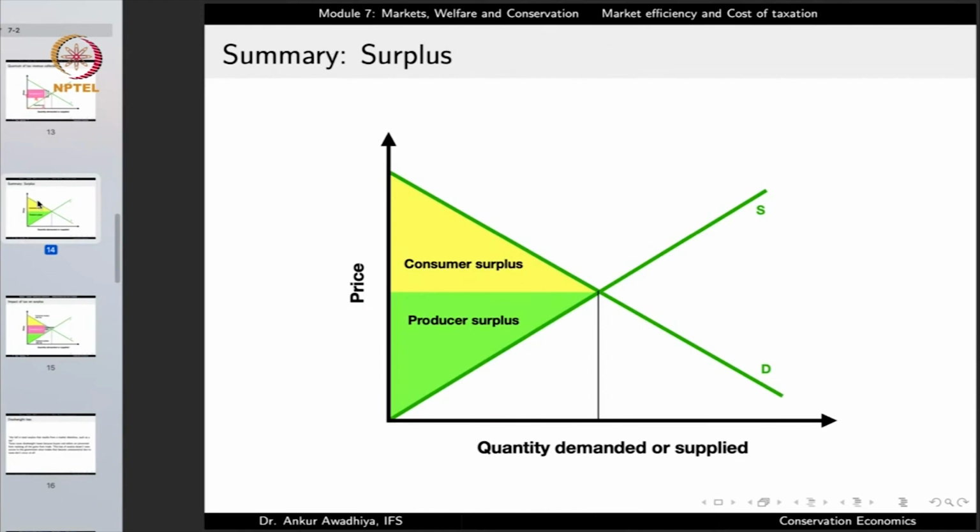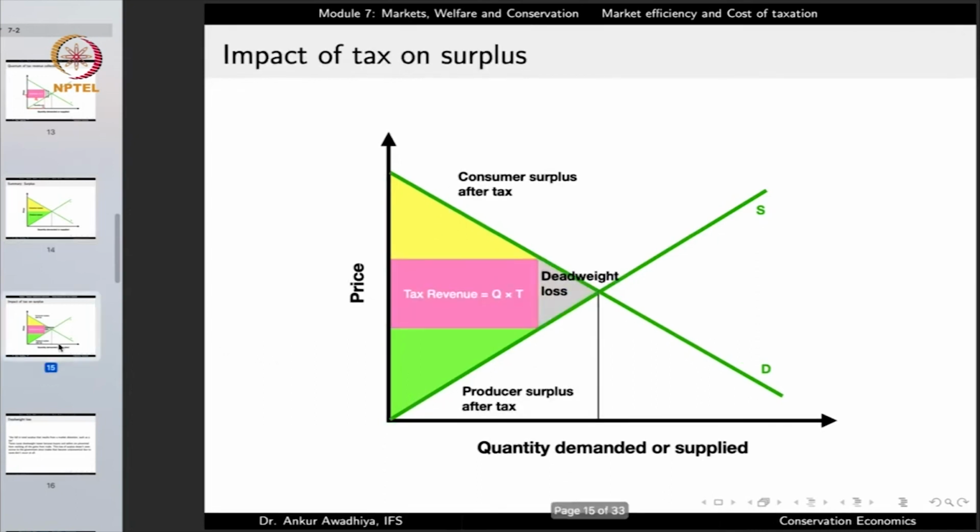But this also brings up a new concept of deadweight losses. So earlier what we were observing is that in the case of a free market without a tax, we were having a consumer surplus, we were having a producer surplus, but now we have this new situation.